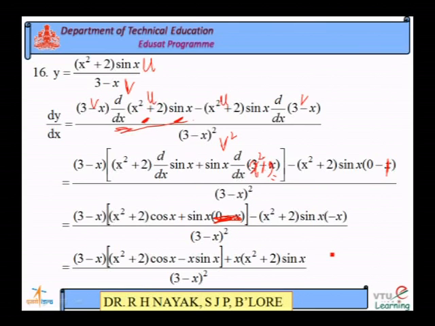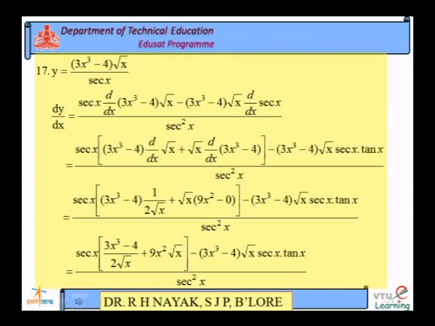This is taken as it is, differentiation of sin x, and this is 1. Then finally, after this multiplication, you can get the answer.